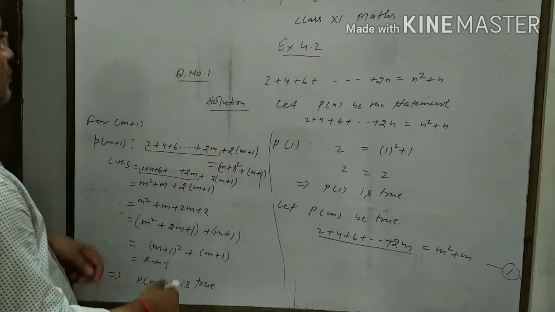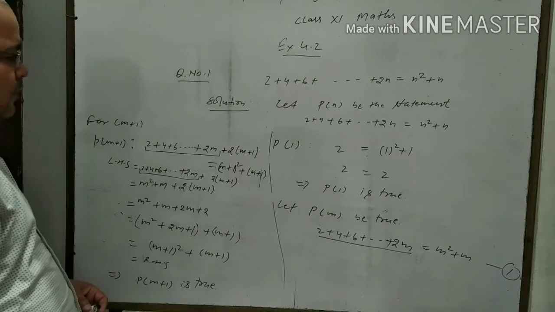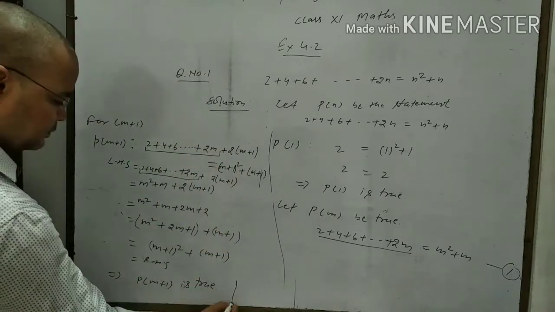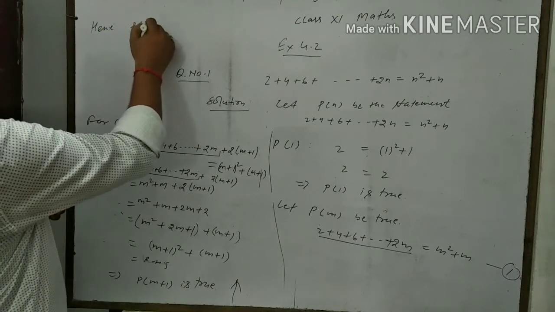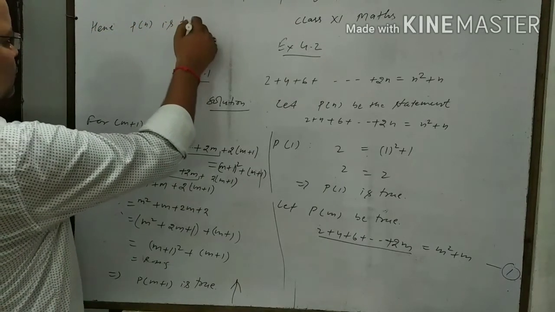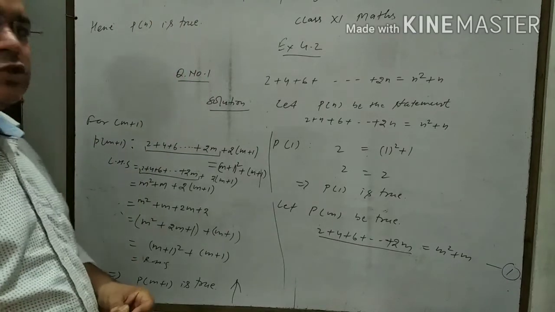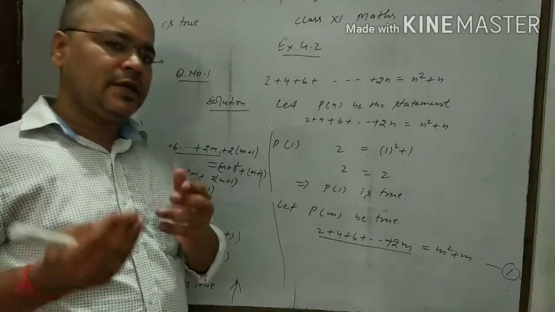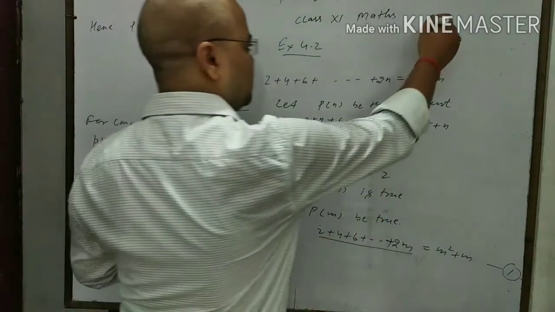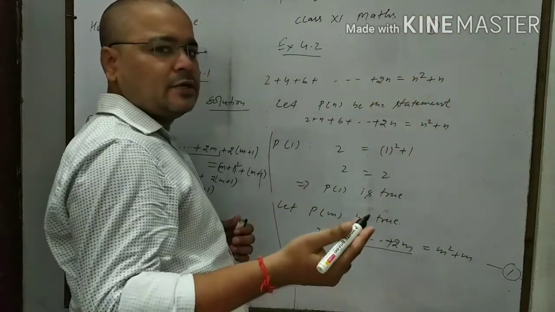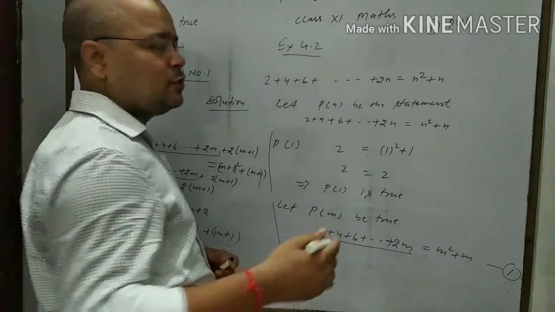Hence, after that we will write, hence Pn is true. Okay, Pn is true. It means there are 3 steps for this type of question. First, we have to show that the given statement is true for n is equal to 1, meaning P1 is true.